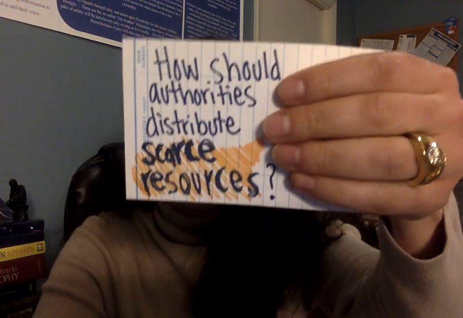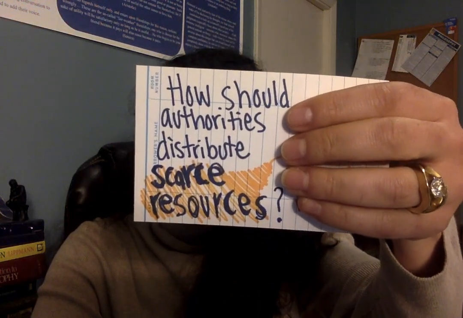In a pandemic, how should authorities distribute scarce resources? Here's another example. You've got 5 painkillers and you've got 6 people who need them. Who's that one person who has to live in pain? You've got 100 hospital beds, but 1,000 patients. Who gets a bed and who doesn't?